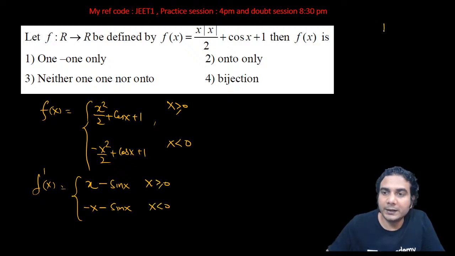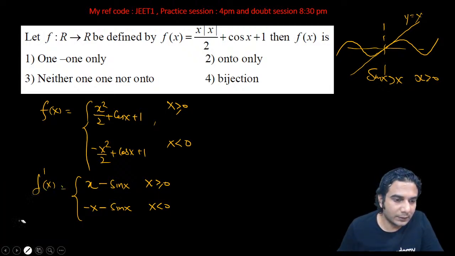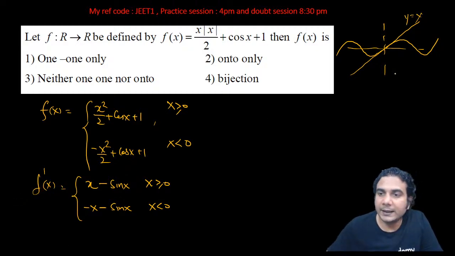You know, this is the graph of y equal to x, and this is the graph of sin x. So you can see sin x is less than x when x is positive. That means x is greater. And sin x is greater than x when x is negative.